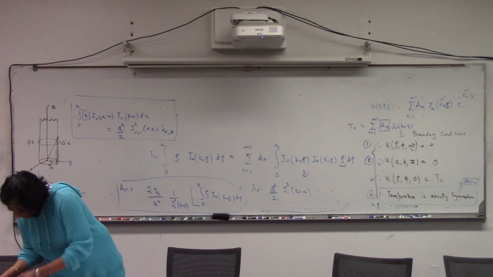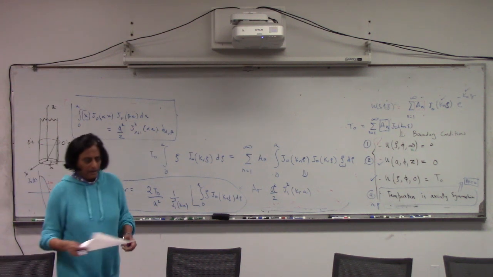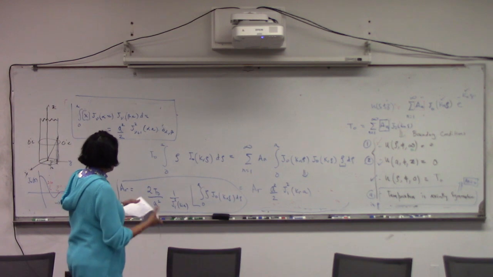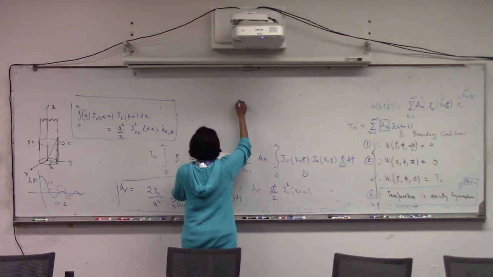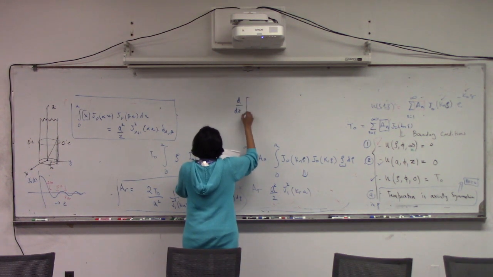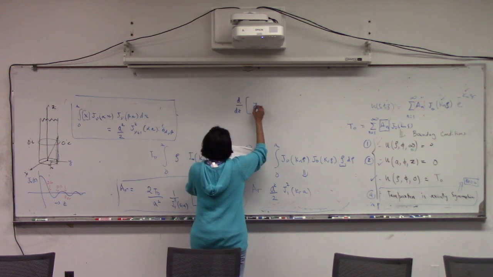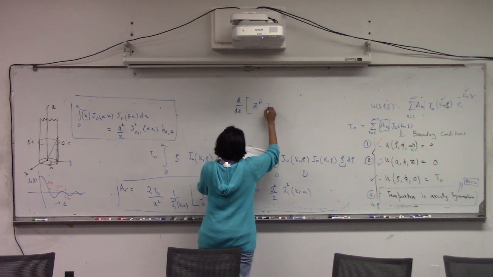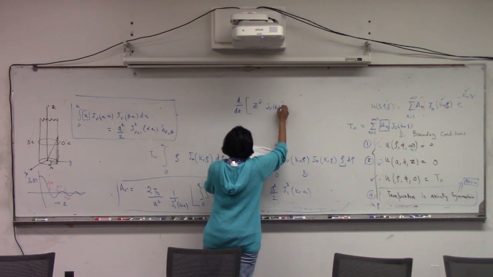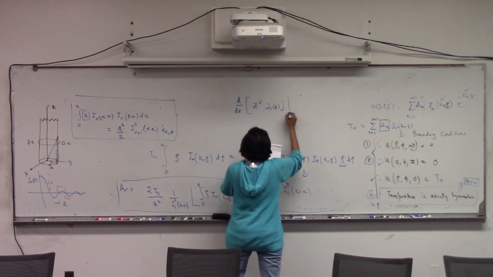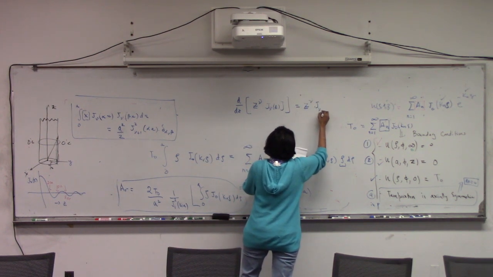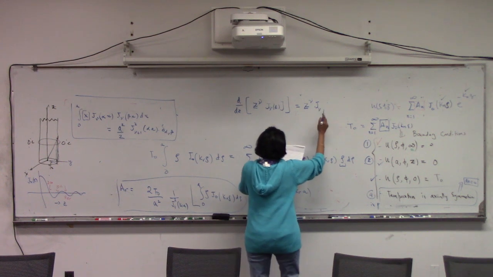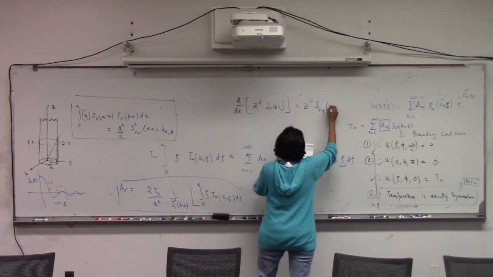When we did the generating function, we had some recursion relationships and some properties. One of the properties that we had proved using the generating function is the following: the first derivative of this quantity is nothing but z to the mu J mu minus 1 of z.